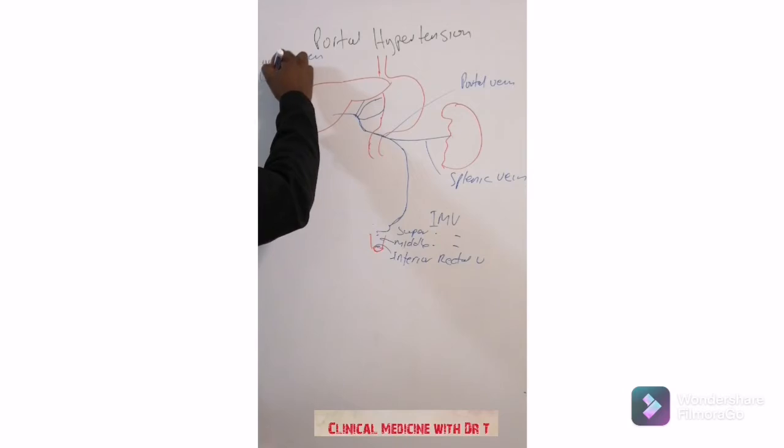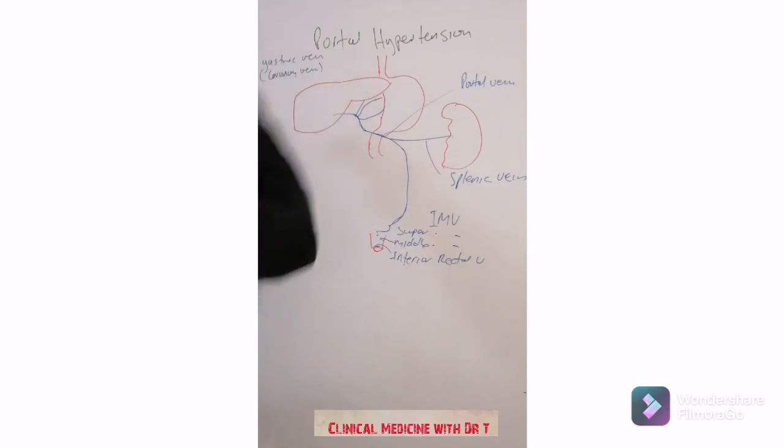The left gastric vein is also called the coronary vein. When someone talks about the coronary vein in the abdomen, you become so confused because you expect the coronary vein to be in the heart, but it's also called the coronary vein as well. That's the left gastric.